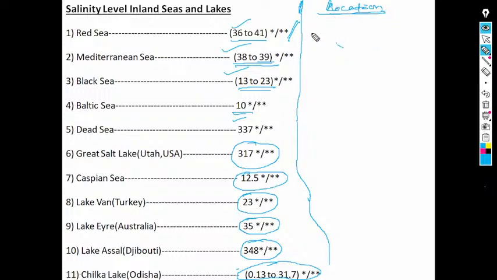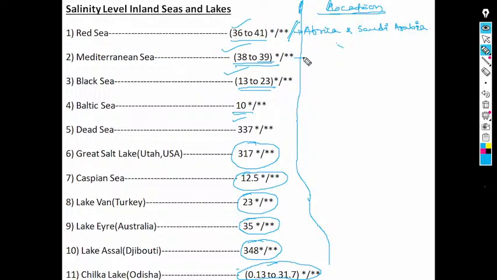This is in between Africa and Saudi Arabia. Africa and Saudi Arabia is the location.